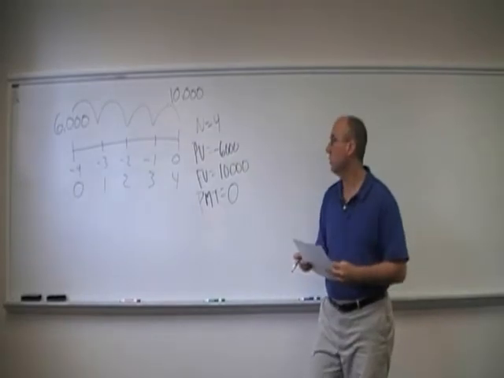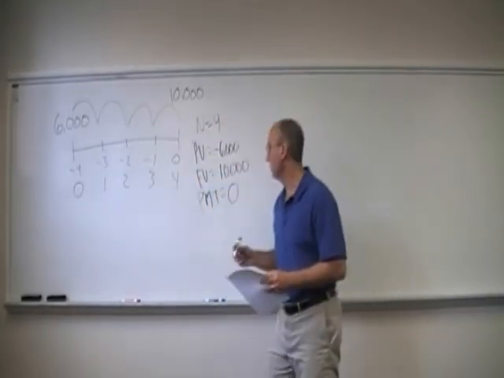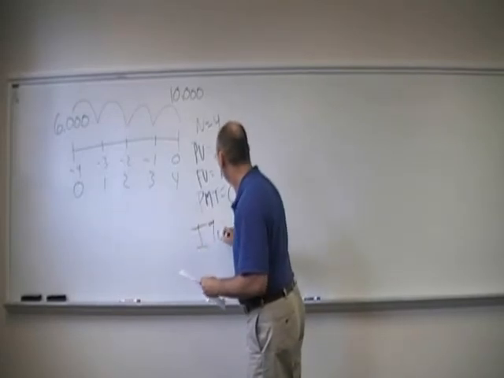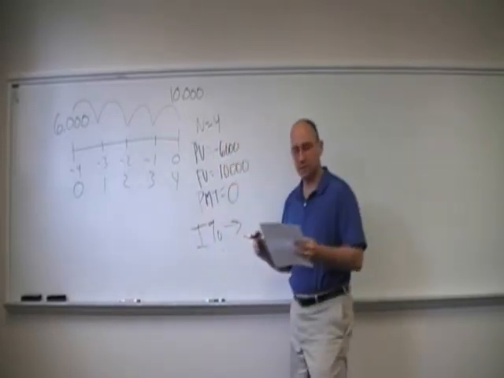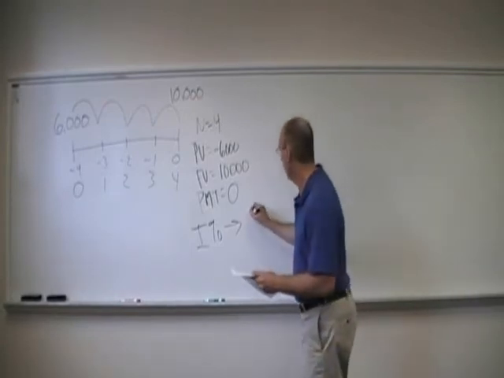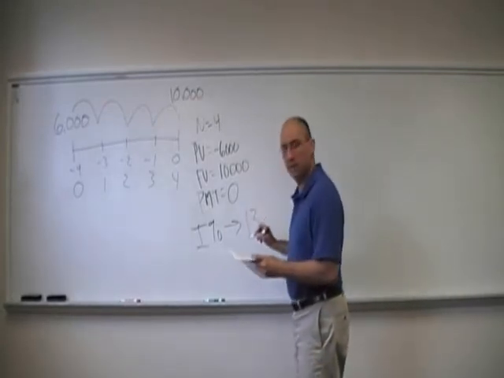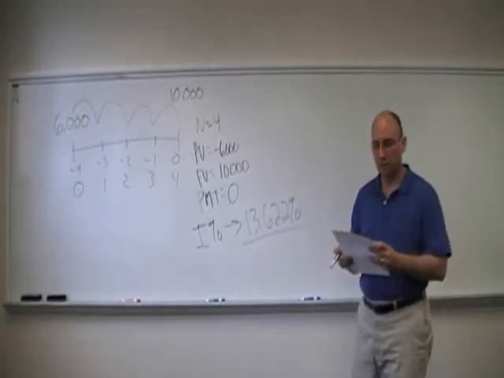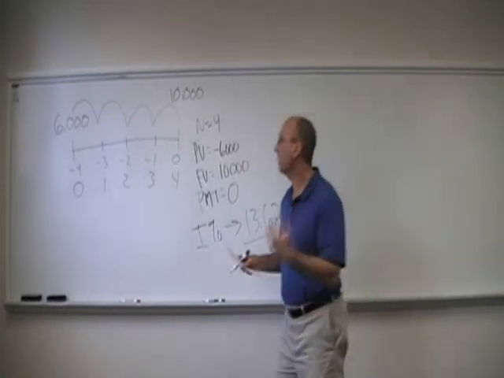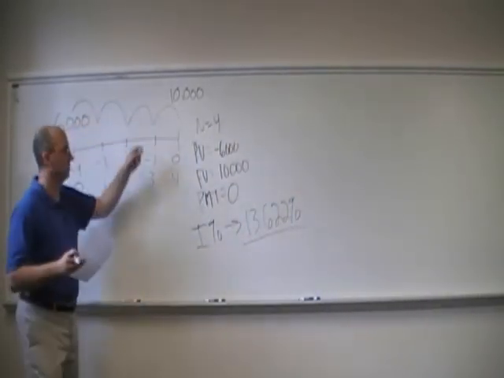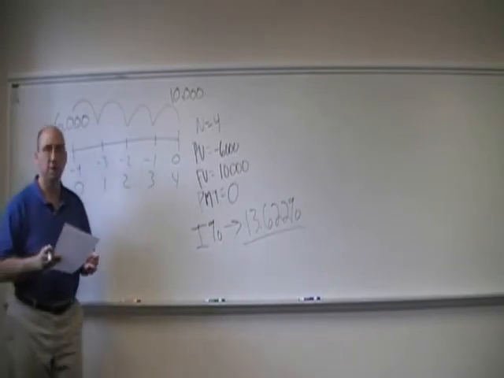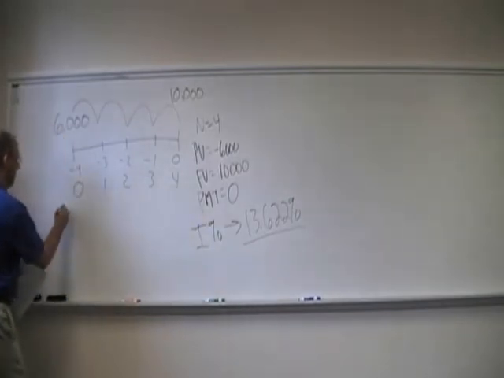Payment equal to 0. There's no regular interim cash flows. And if you solve for I%, you wind up with 13.622%. So we know that Franz, from going from 6,000 to 10,000 in 4 years, earned 13.622%.